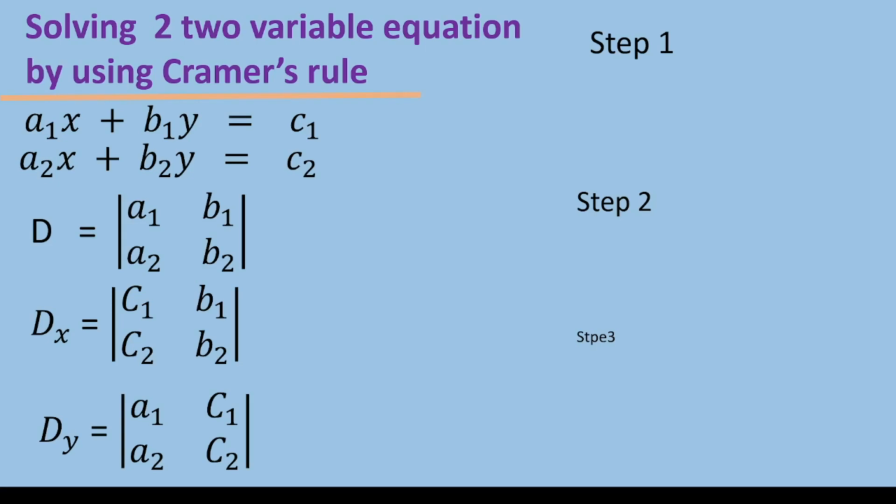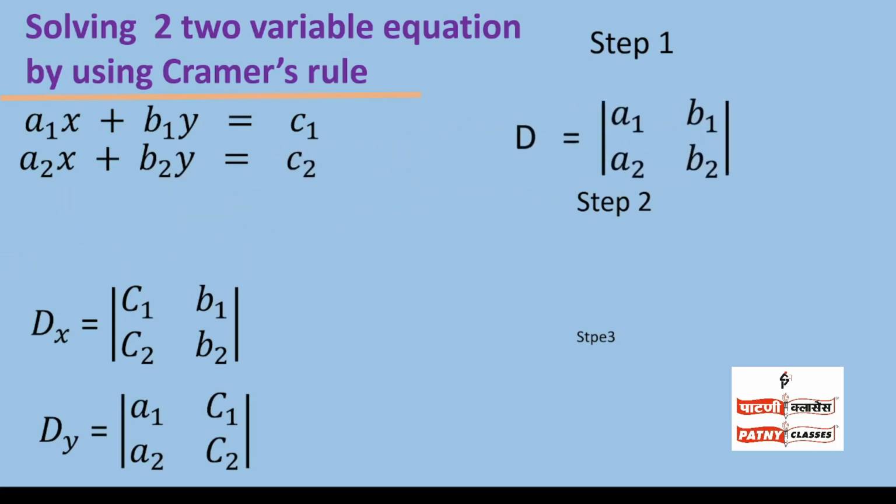Let the given equations be a1x plus b1y equals c1 and a2x plus b2y equals c2. First we will frame the D value. D is obtained from the coefficients of x and y, that is D equals determinant of a1, b1, a2, b2.